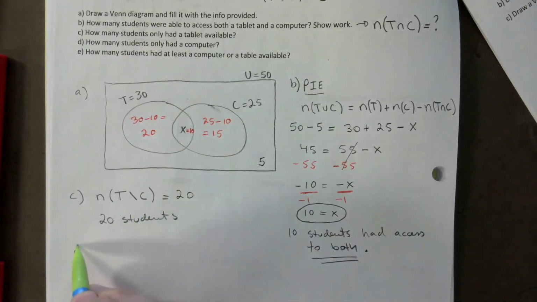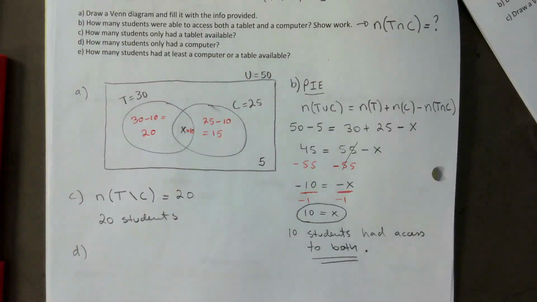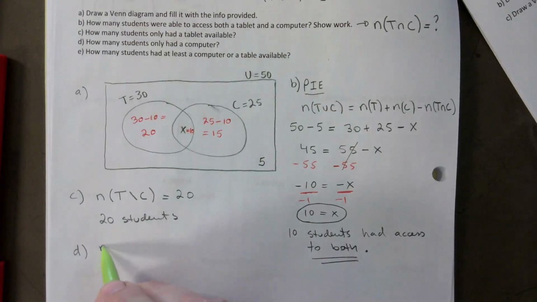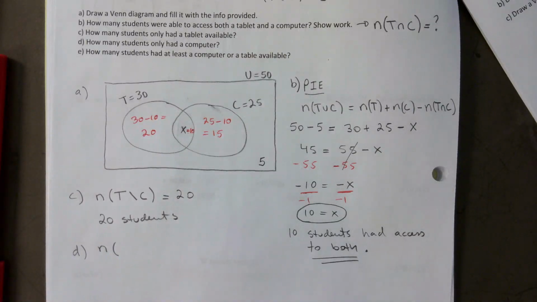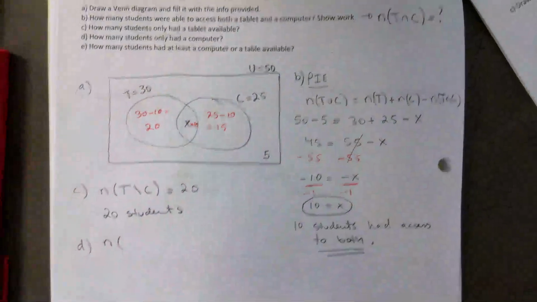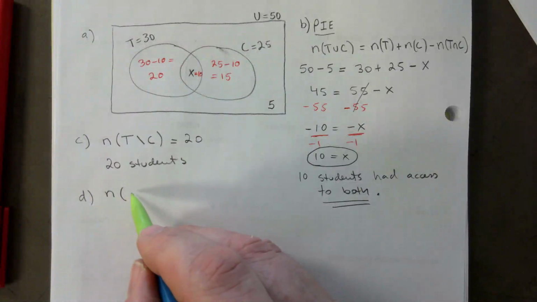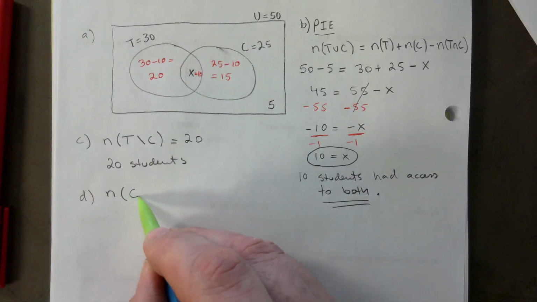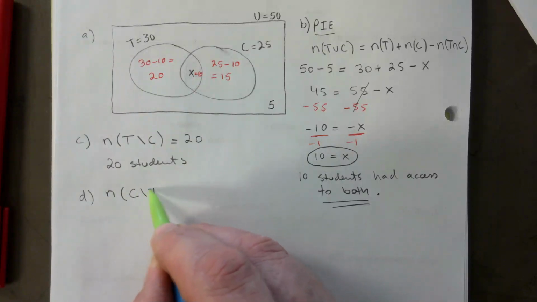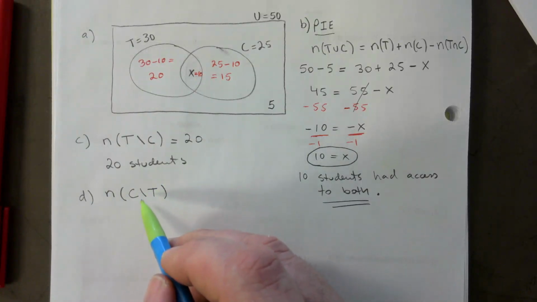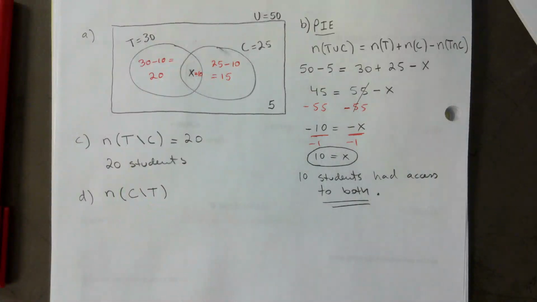Okay. D. What's D asking? How many students only had a computer? I need you to be able to do both. Answer the question as is, but also rewrite it using the proper notation. How would you write this? Only a computer, so C, not T. If you make it a slash, I'm going to kind of close my eyes.